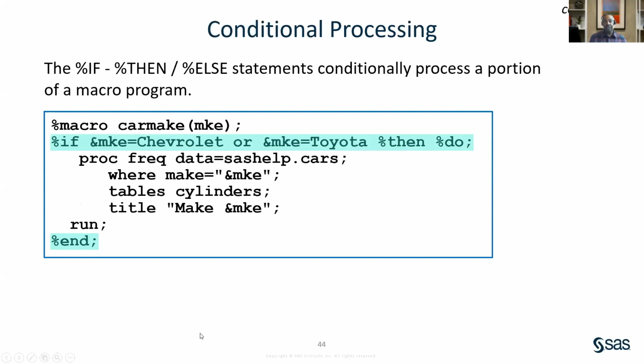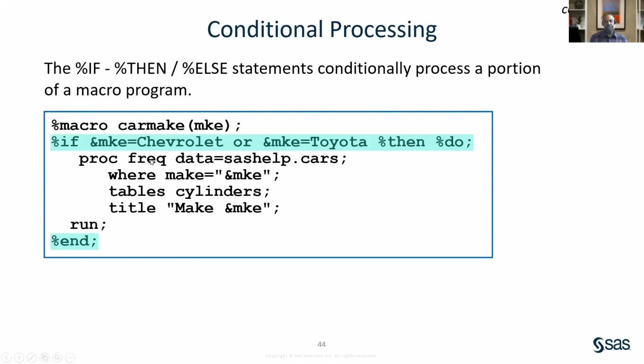If I know what they look like, I can go ahead and hard code the values or check those values. %IF &MAKE equals Chevrolet, or you don't need a percent symbol here, by the way, &MAKE equals Toyota, %THEN %DO a PROC PRINT. Filtering for that make. Putting a title in for that make.